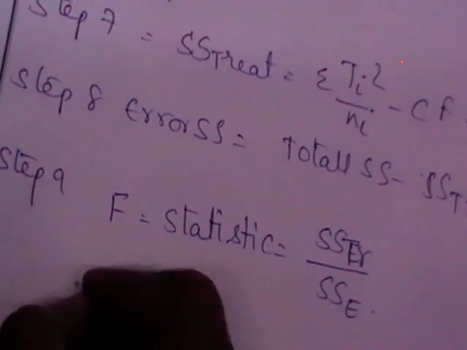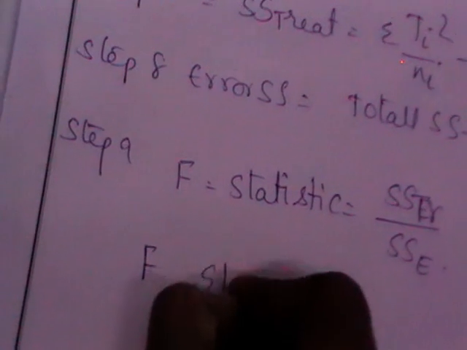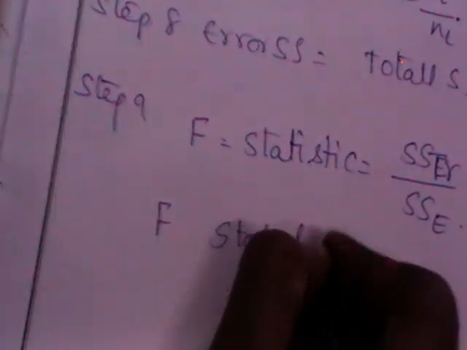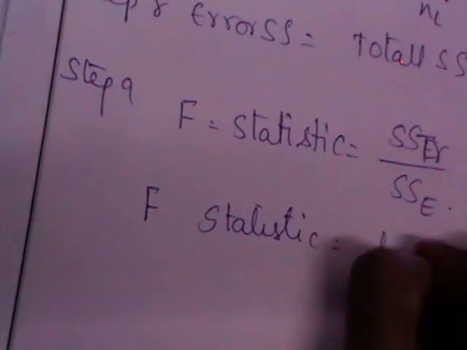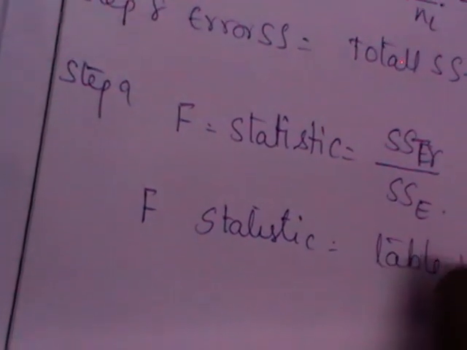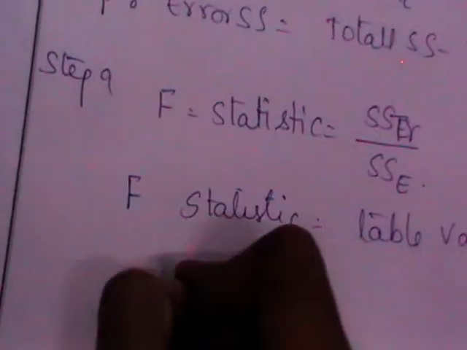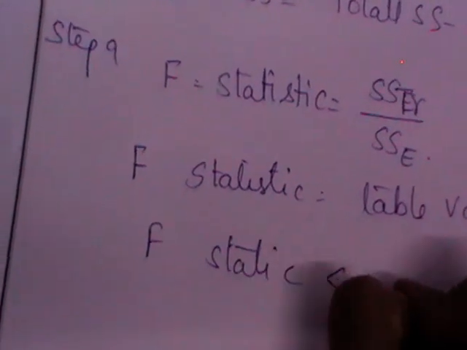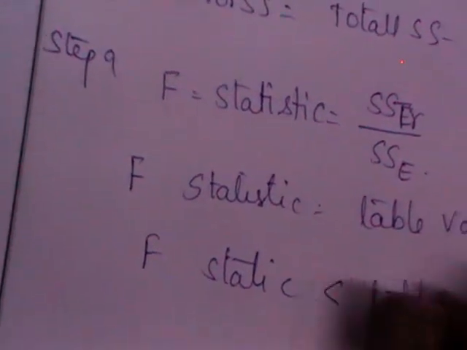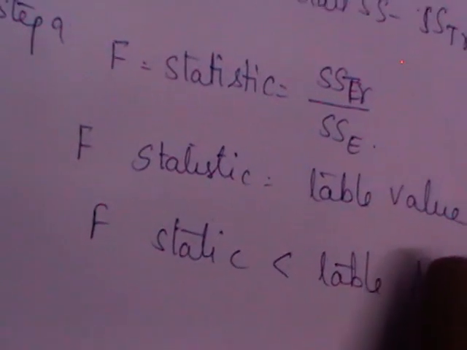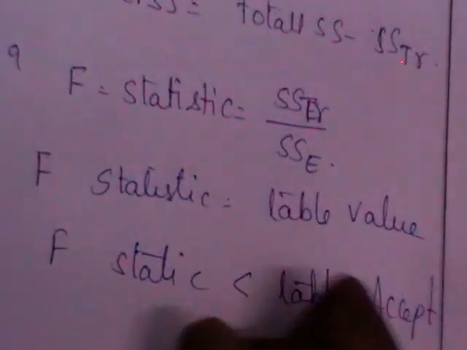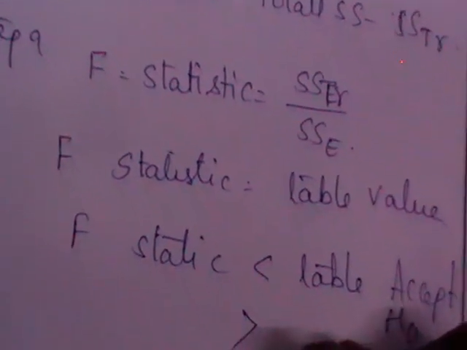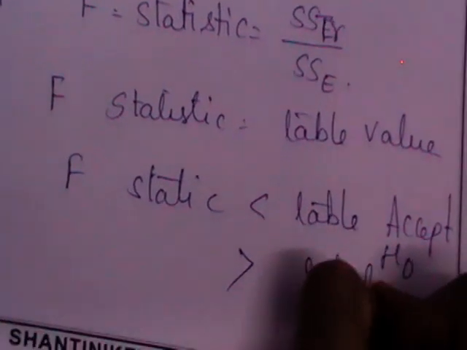After calculating this, you should compare this F statistic with the table value. Whenever the F statistic value is less than the table value, we accept H0. Whenever it is greater than the table value, we reject H0.